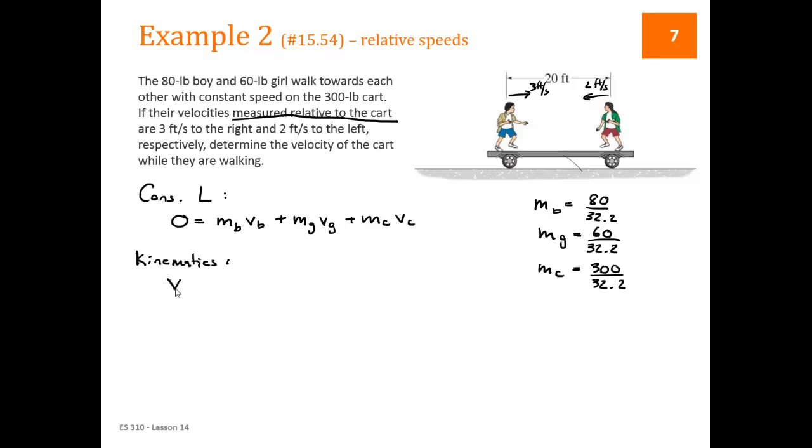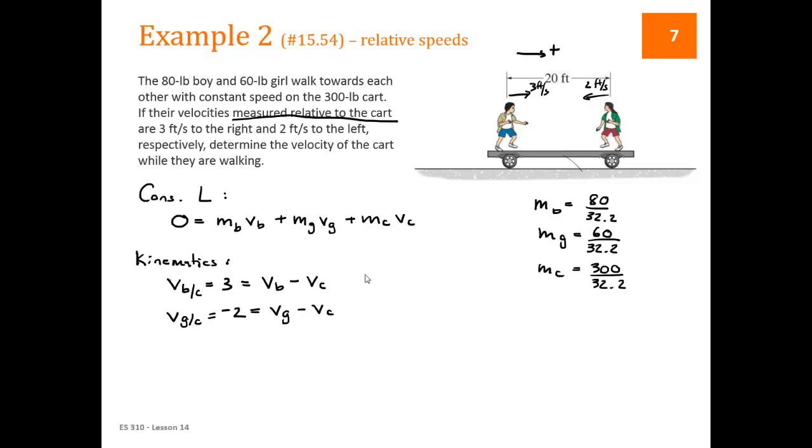The velocity of the boy relative to the cart is 3 feet per second to the right, and we're calling right positive. So 3 is equal to the velocity of the boy minus the velocity of the cart. The velocity of the girl relative to the cart is 2 to the left, so -2 is equal to the velocity of the girl minus the velocity of the cart.